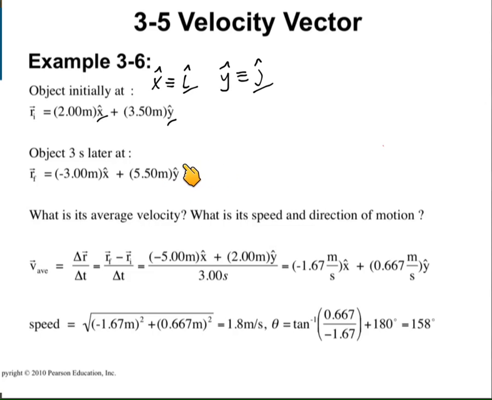Okay, so if you go by the definition, everything is straightforward. Just subtract the initial position from the final position, Rf minus Ri, and you will do this component-wise. The x component will be minus 3 minus 2 meters, so it will be minus 5.